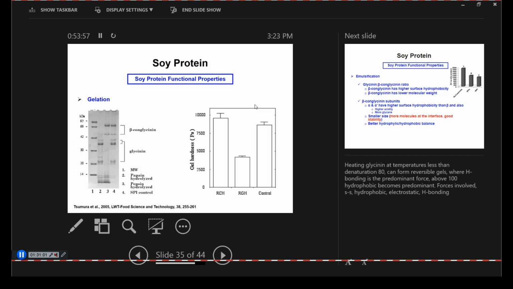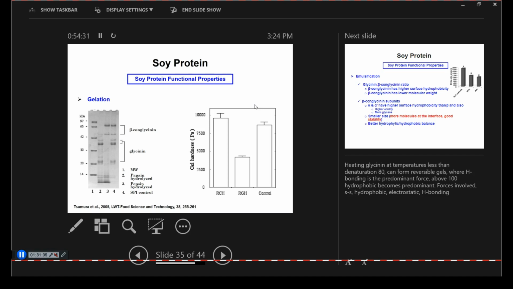So how did that impact gelation? We have the reduced conglycinin hydrolysate, RCH, the reduced glycinin hydrolysate, and the control. The control had a decent gel strength. When we hydrolyzed the glycinin, the reduced glycinin hydrolysate using pepsin, the strength of the gel was reduced because now we have small peptides broken down, they don't form a good gel.